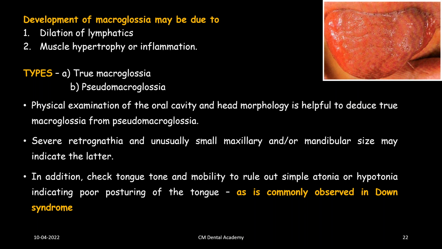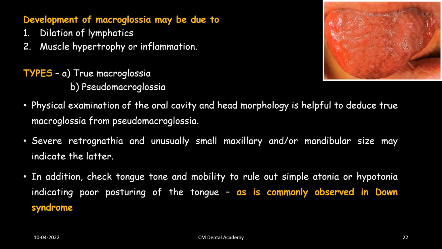How do we differentiate true macroglossia from pseudomacroglossia? A thorough physical examination of the oral cavity and head morphology is helpful. Severe retrognathia and usually small maxillary or mandibular size may indicate macroglossia.